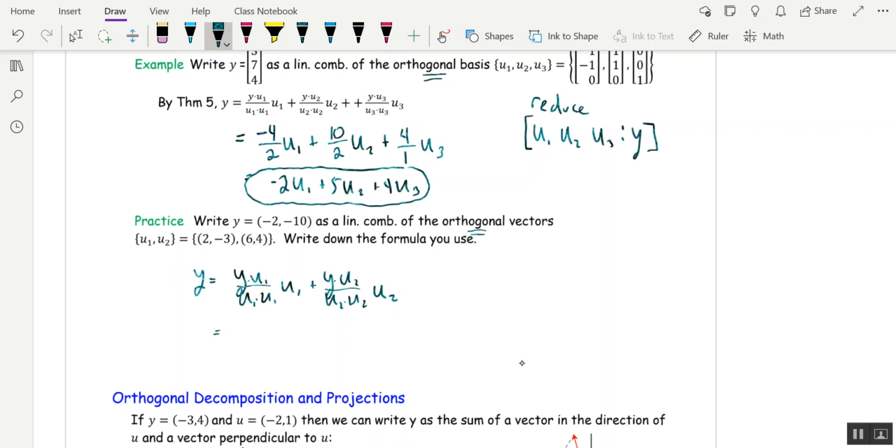Okay, so we want y dot u1. So that's going to be -4 plus 30, which is 26, over u1 dot u1, which is 9 plus 4, which is 13.